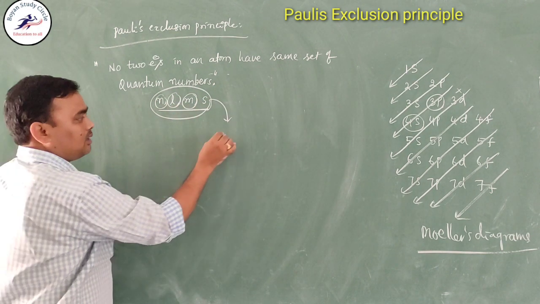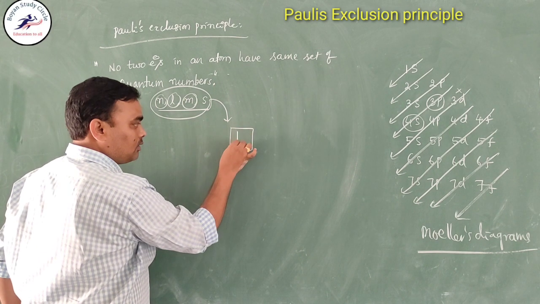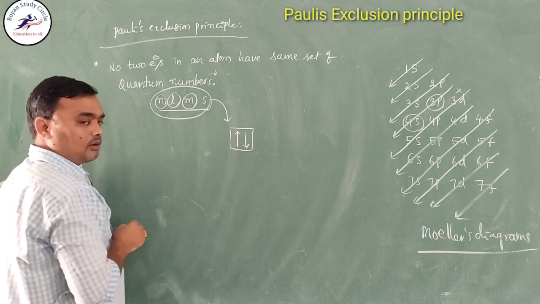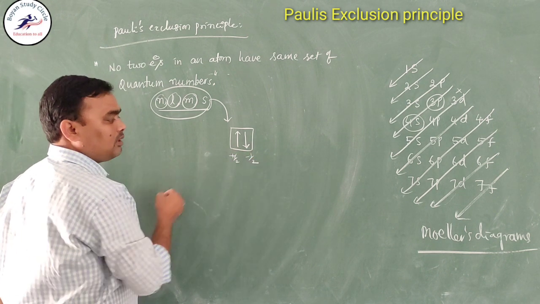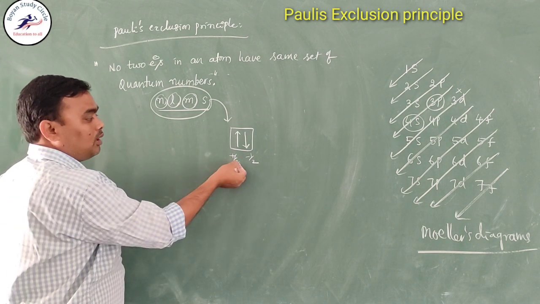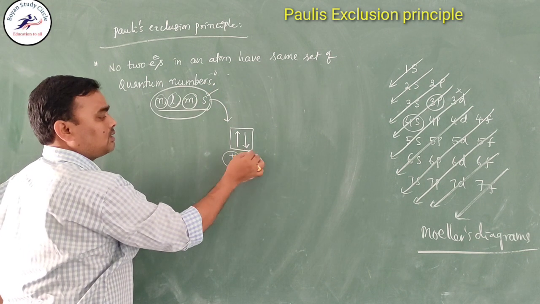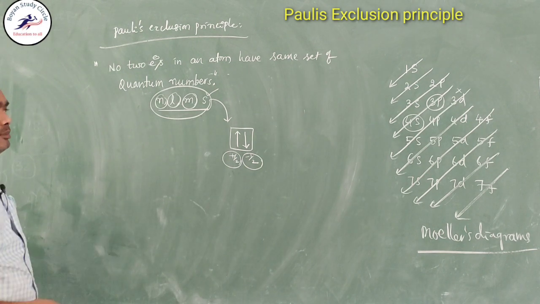So this says that in an orbital 2 electrons can be filled, so one should be clockwise, the other anti-clockwise. That means one has a plus half value, the other has a minus half value. So at least the spin quantum number differs when you are writing the electrons, right?